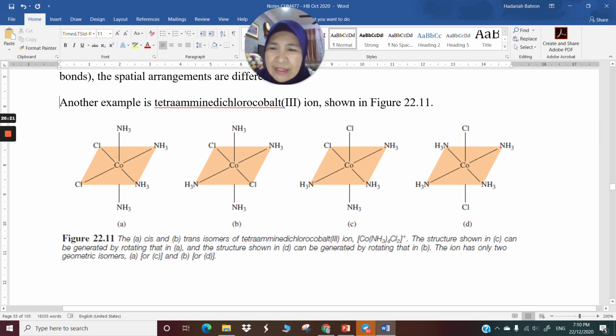If you make this going to the top, that means you are making this going to this top here, you are going to have C.